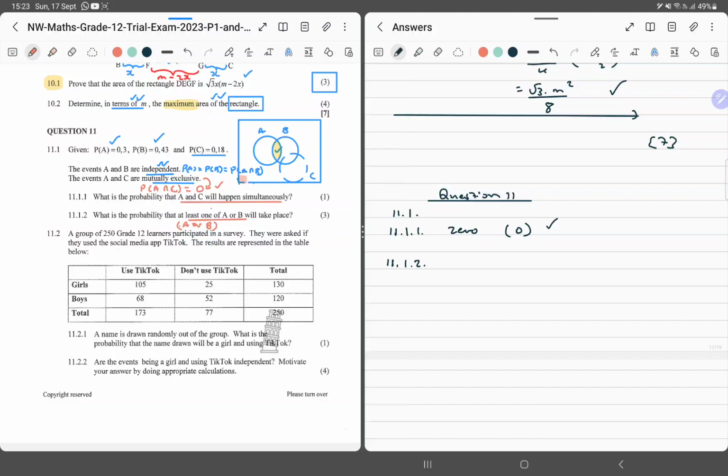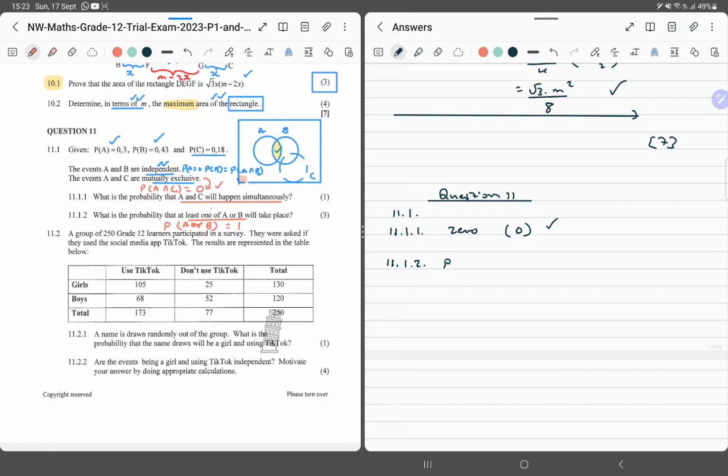Okay. So at least is basically the probability of either A or B will take place. Now, we were told these two events are independent, so we can use our addition rule here.